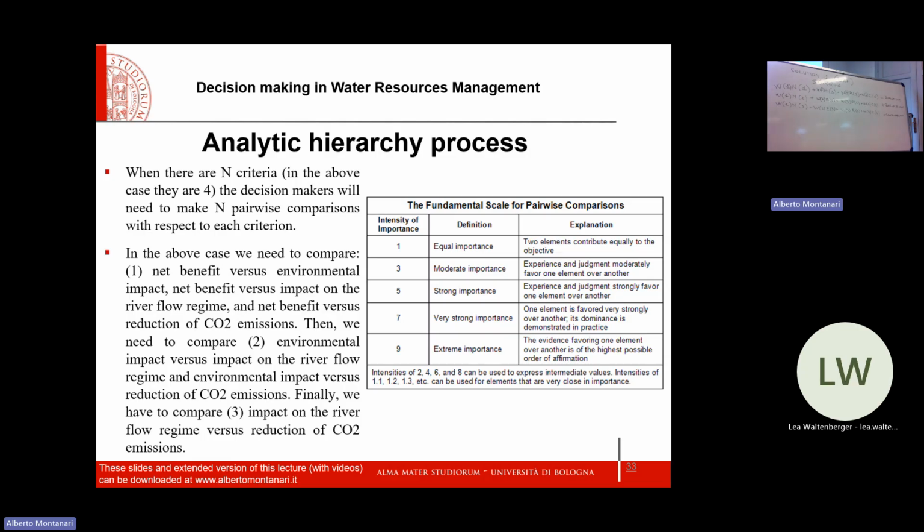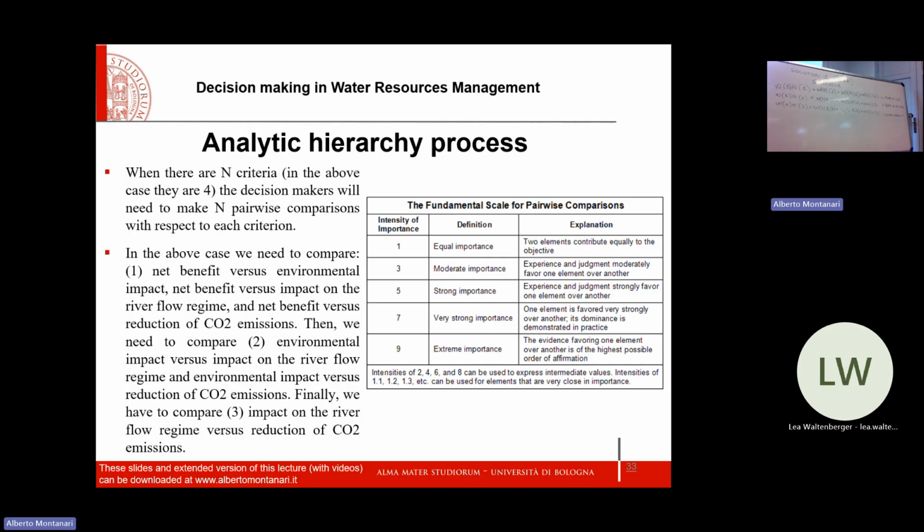And the idea is to compare according to this matrix, which was proposed by a guy called Saaty. He proposed to mark equal importance with 1, so people may agree that cost is the same importance as environmental impact, and they put a 1 there.